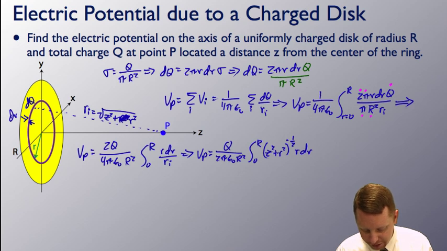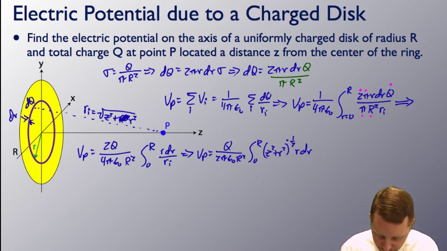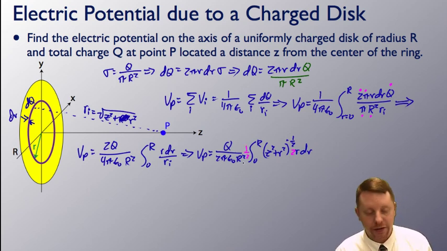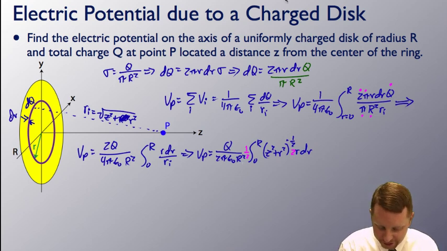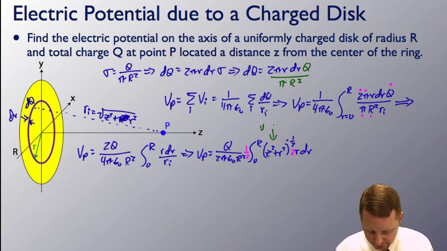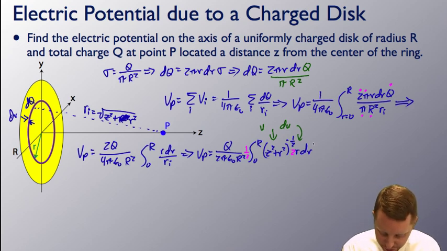So my du is going to be 2r dr, which means I've got to put a 1/2 over here, so I'm really just multiplying by 1. Once I do that, if my u is z squared plus r squared, then my du is 2r dr, and I'm just integrating u to the negative 1/2 du. That I know how to do.